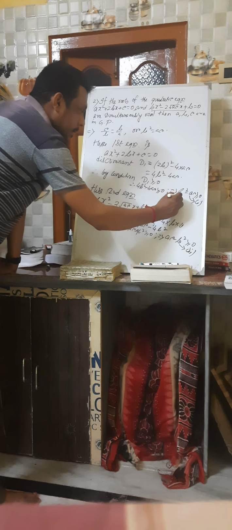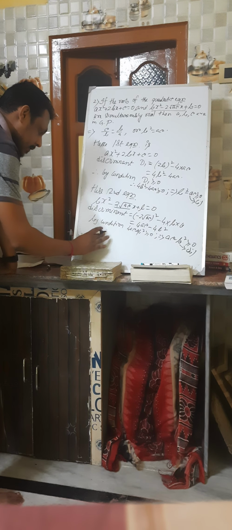Now look at this. You have b square minus ac greater equals to 0, and from 2 you get ac minus b square greater equals to 0.